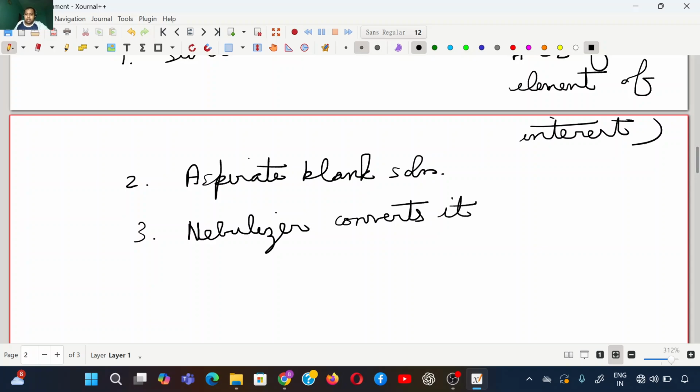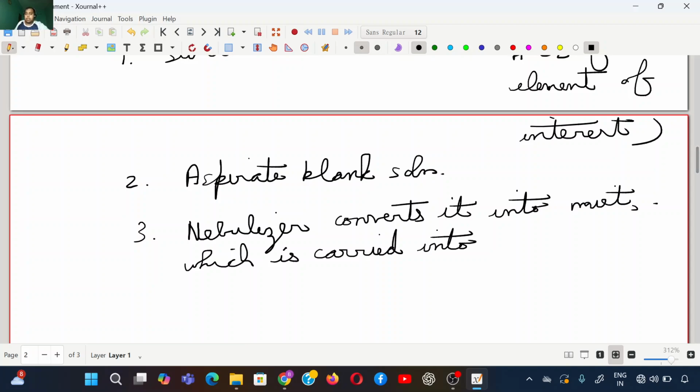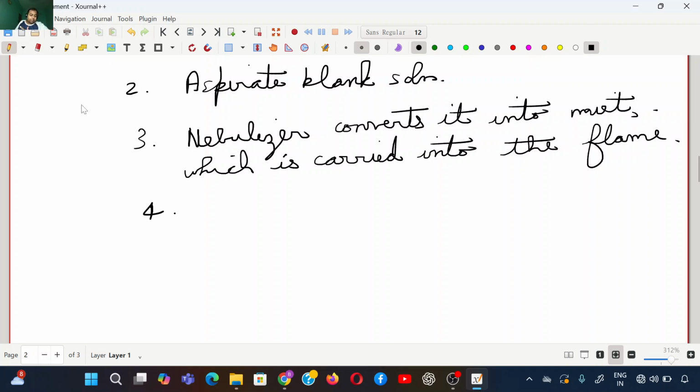You know what a nebulizer does, right? It converts it into mist. It should then be taken to a flame. Since it's a blank solution, there will be no absorbance, only transmittance. So that sets the baseline.